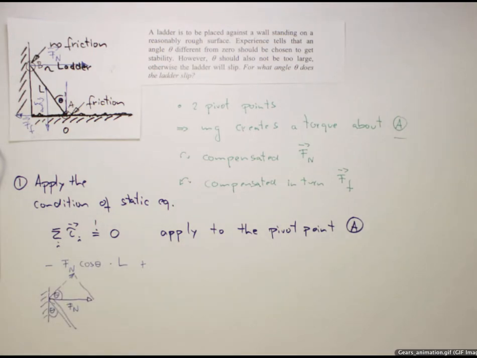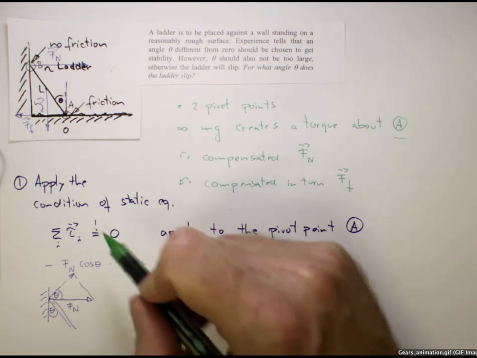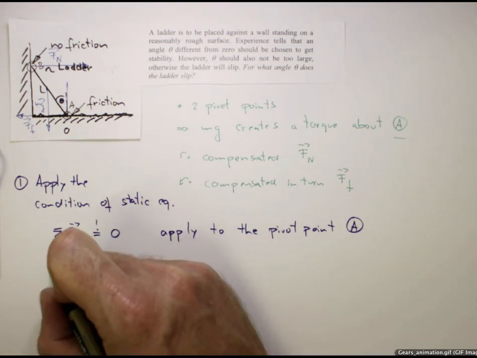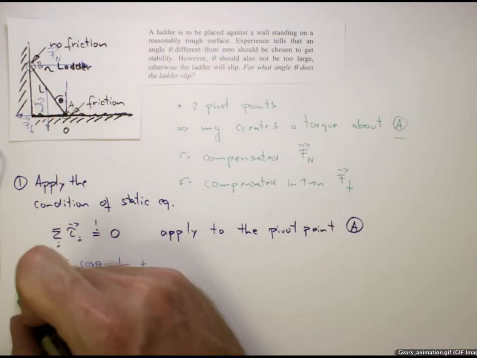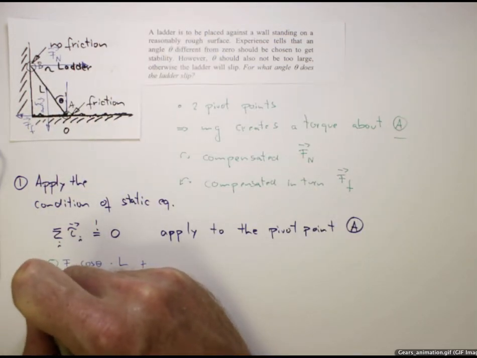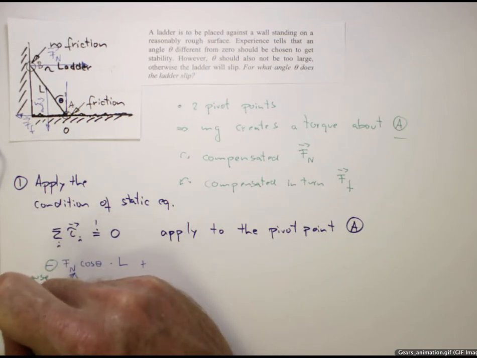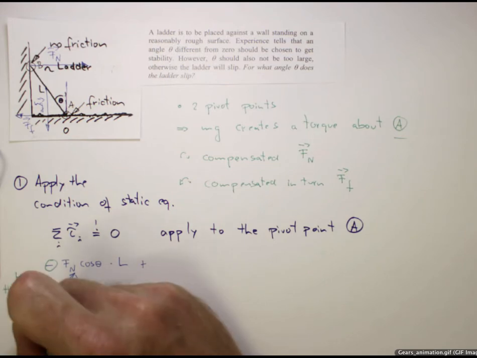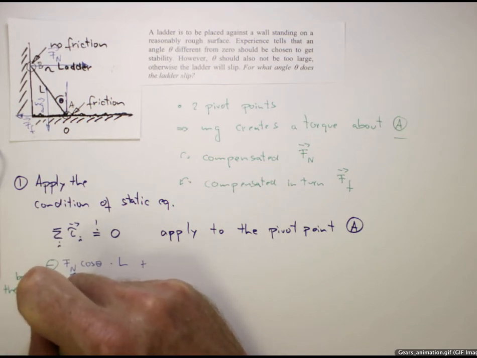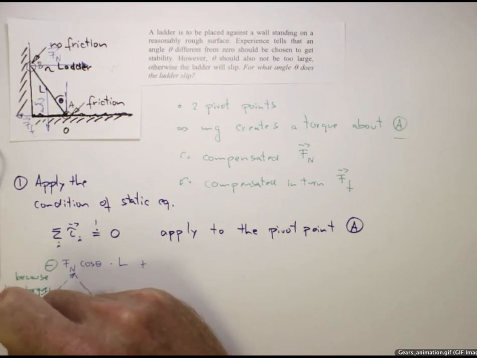Why do we have the minus sign? The minus sign comes about because we have a torque that is clockwise. Therefore by convention the contribution has to be negative because the torque is clockwise.